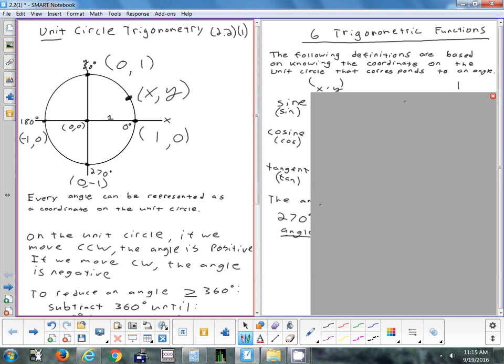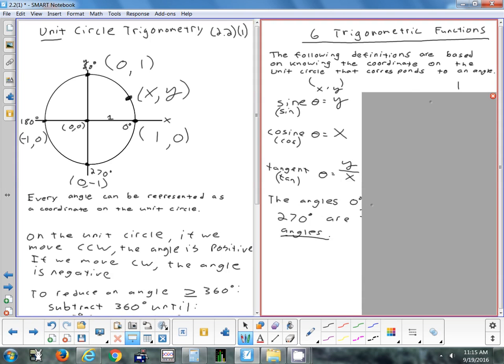All right, so once you figure out your coordinate, which we're going to talk about a little bit, if you want to know the sine, okay, the sine is just the y value of your coordinate. Okay, you don't even need the x for sine.